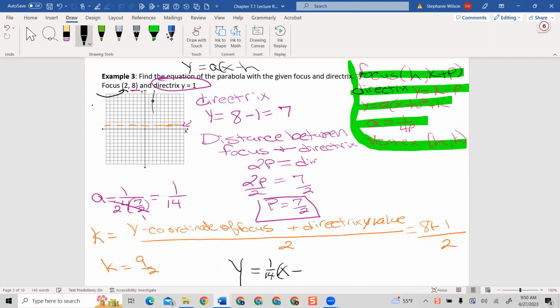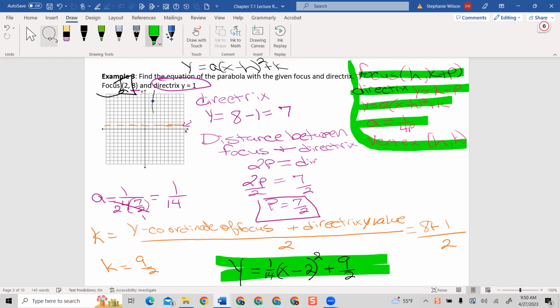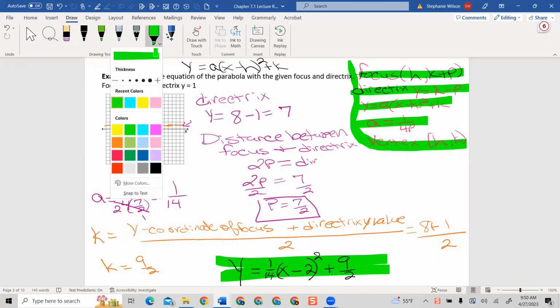Now, if we ever switch x and h, then there's going to be something different about it, but we'll talk about that when that comes. So since this is a positive 2 here, it's going to be just x minus 2, plus my k, which is 9/2. So that is my function for when the focus and the directrix is this.